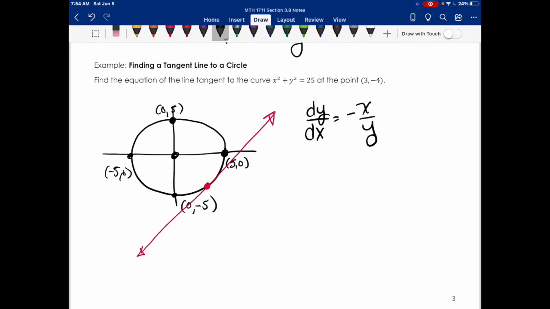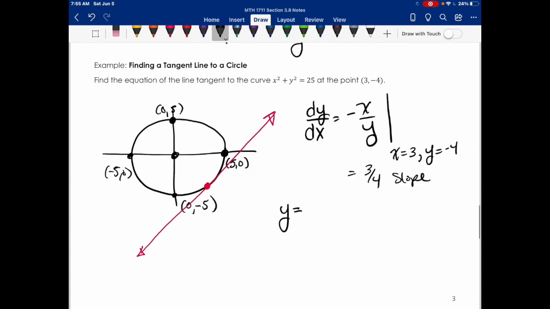So if I want to find the slope of the tangent line on the circle at the point 3, negative 4, I'm going to plug in 3 for x and negative 4 for y. So I'm going to evaluate this at the point 3 and then y is negative 4. So when I plug in 3 and negative 4, I'm going to get that this is a positive 3/4. So this is my slope of the tangent line.